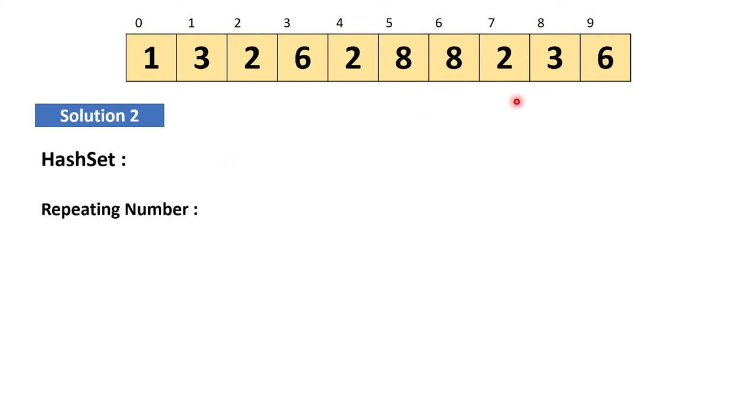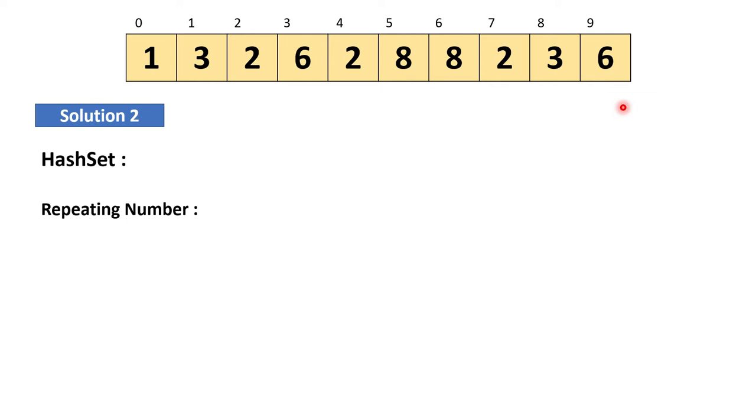Next time we check whether the current value is already present in the hash set or not. If it is present, then we make it the repeating number. If we later get another number which is also repeating, then we replace this number, and at the end, whatever is our result will be displayed as the result.